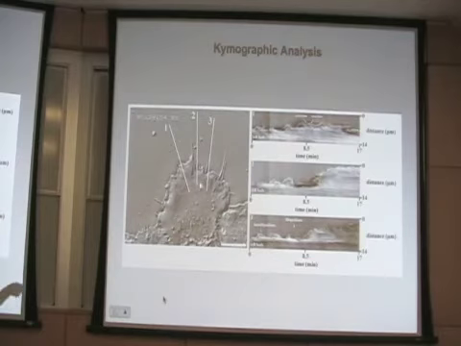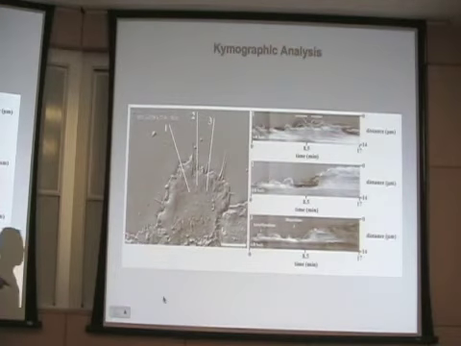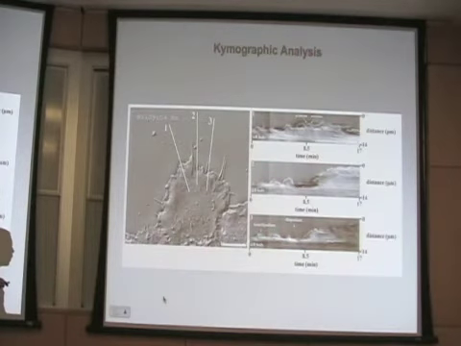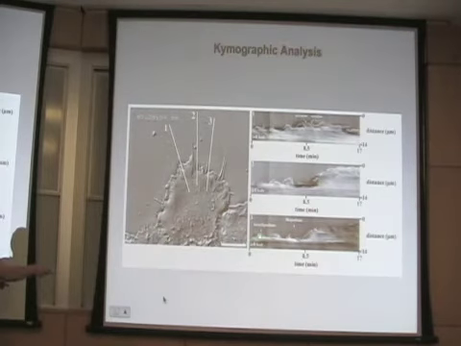We placed a couple of lines in the regions of interest, and you can create those kymographs, or time distance plots, which allow you to follow the movement of the leading edge, and you can clearly distinguish between protrusion and retraction activity, as well as see the structures that are moving. So in this case here we have a lamellipodium that is protruding and retracting, and here you can see a filopodium that is protruding or retracting.